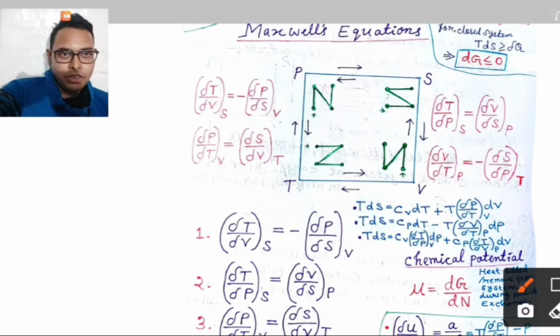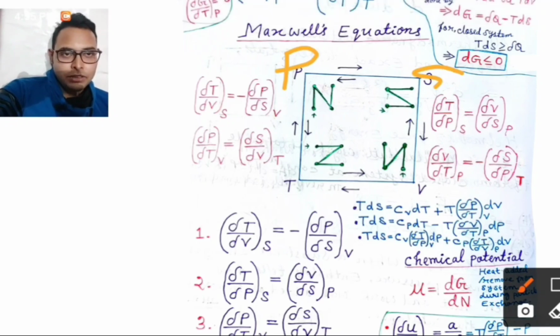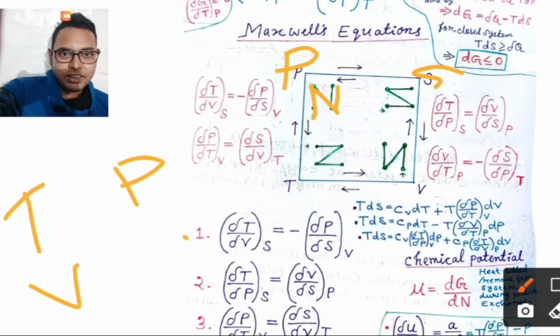So this is P S V T, right? First go in this direction, T P, V S. So write dT by dP, dV by dS, and put an equal sign.